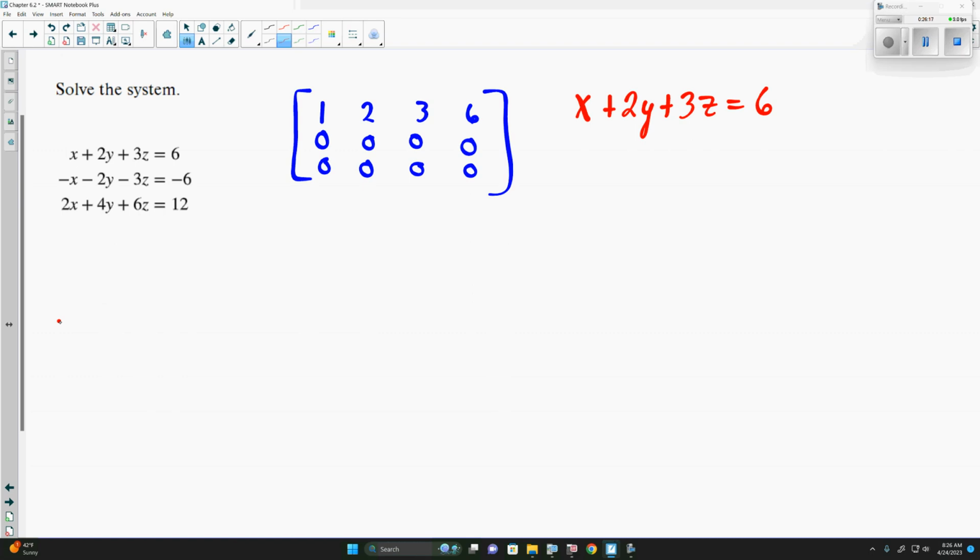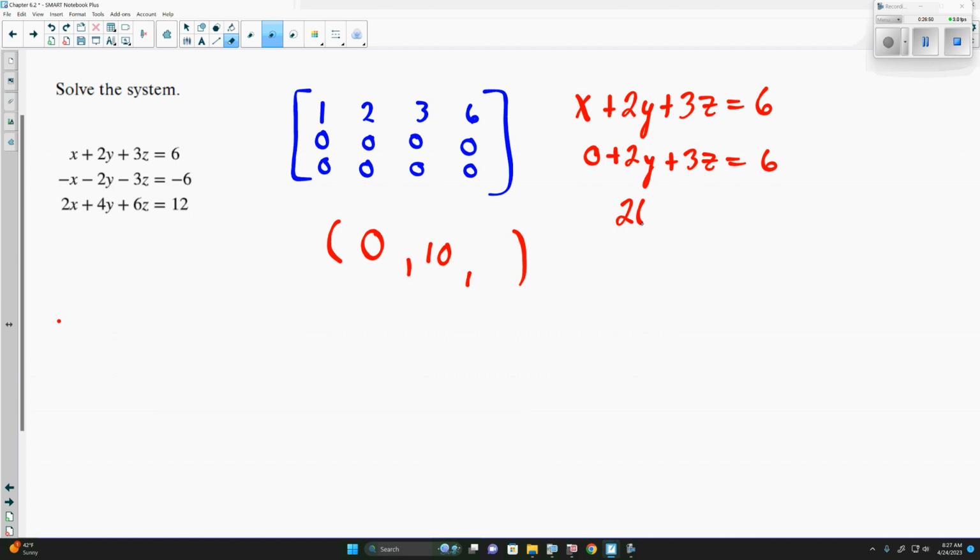Well, so if we want a solution set that does satisfy this equation, I'm just going to start picking values for x and then y. So it's a nice value for x. Okay, so 0 plus 2y plus 3z is equal to 6. Okay, well, we need a value for y or z. What's a nice one? 10. So really we have 2 times 10 plus 3z equals 6.